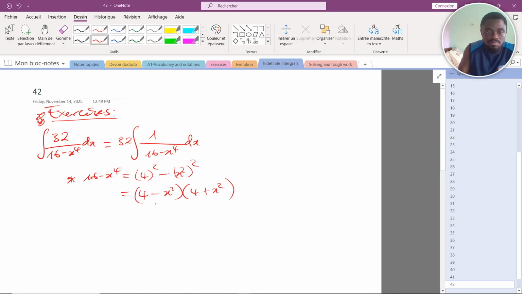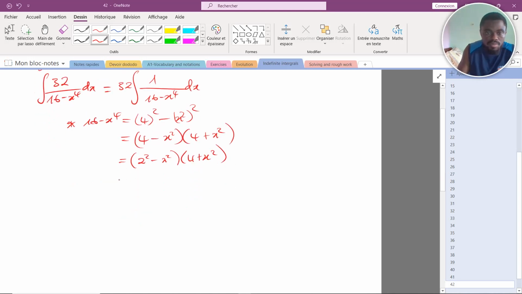I can further simplify this as 2 squared minus x squared times 4 plus x squared. This is again a difference of two squares, so I'll write it as 2 minus x times 2 plus x, all times 4 plus x squared.